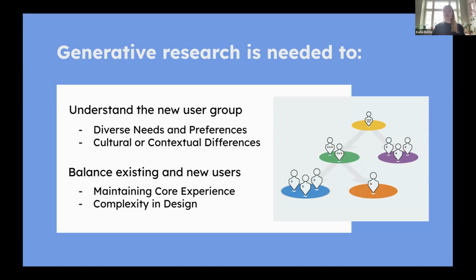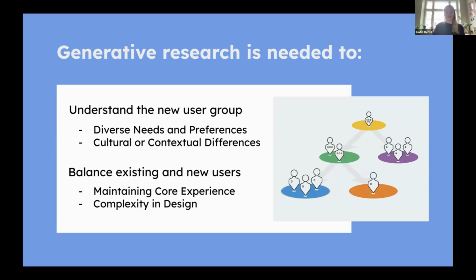Another big challenge is balancing the existing and the new users. If you already have current stakeholders or users using a system, they've already become accustomed to it, and you've designed for their preferences. So if we're adding new users in, we want to add new features, and maybe we're thinking of taking features away if they're duplicates. It's really important to maintain your core user experience for those who are already using it.